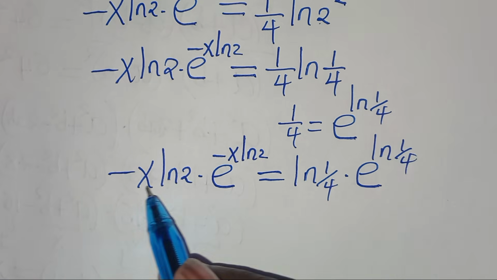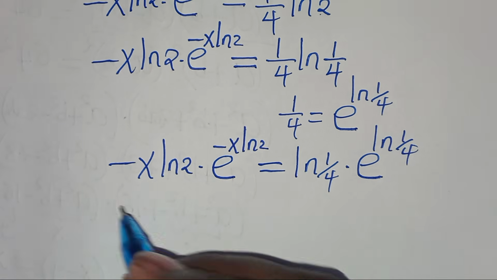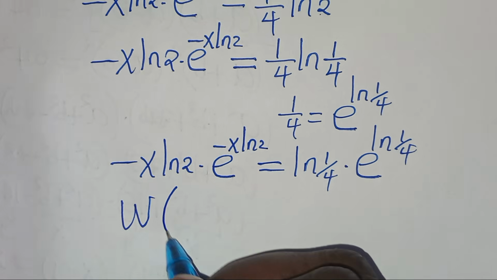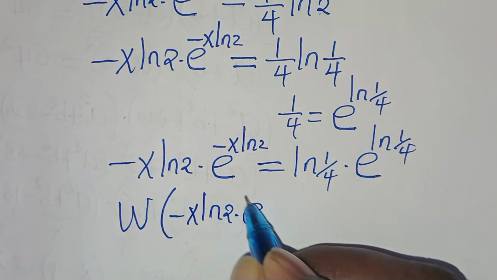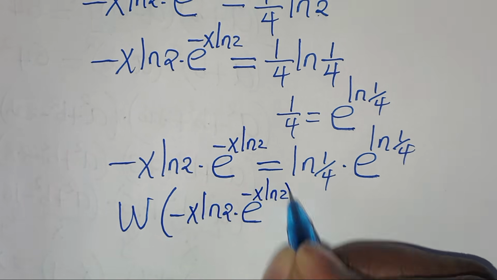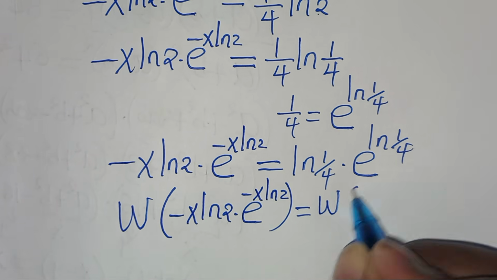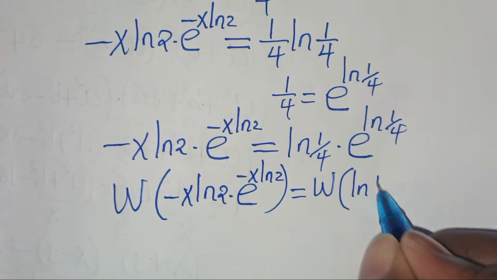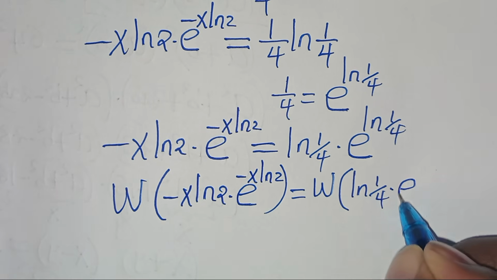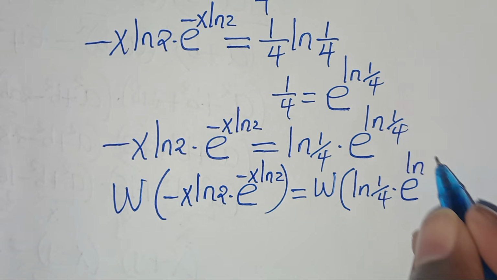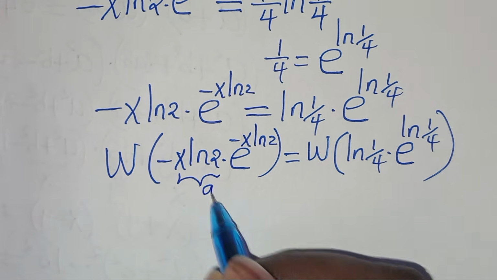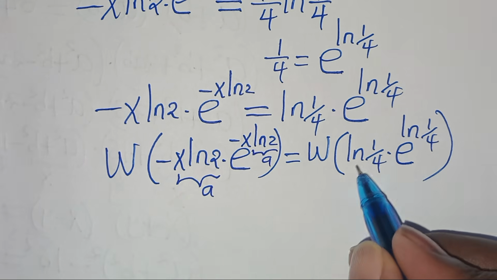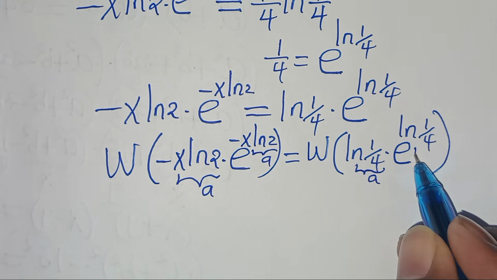Now the next step is to apply the Lambda-W function on both sides. So we have the Lambda-W function of minus x ln of 2 times exponent e to the power of minus x ln of 2, equal to the Lambda-W function of ln of 1 over 4 multiplied by exponent e to the power of ln of 1 over 4. So this is the same thing as a, and this part is also a.